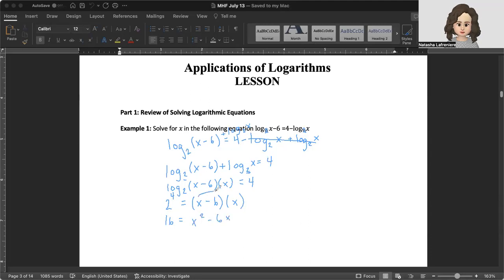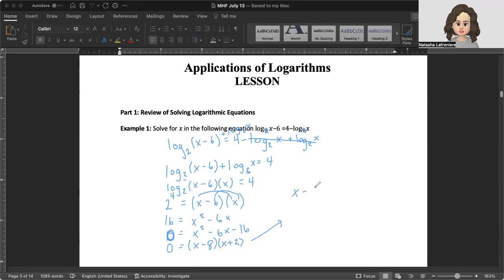So you're going to distribute these guys. 0 is equal to x squared minus 6x minus 16, so we're bringing our 16 onto that side. Okay, you're going to factor that and it gives you x minus 8, x plus 2.